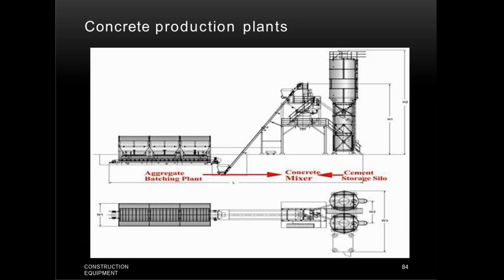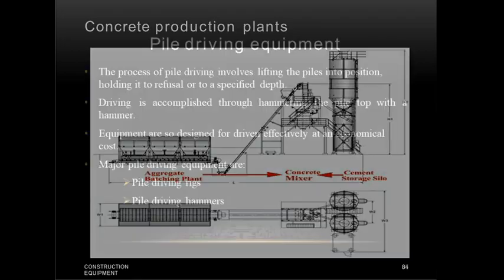These are the different parts of the batching plant for concrete mixing: cement silos, then aggregate weight hopper, then discharge, then sand and aggregate, then cement weight hopper, mixer and discharge of the concrete.